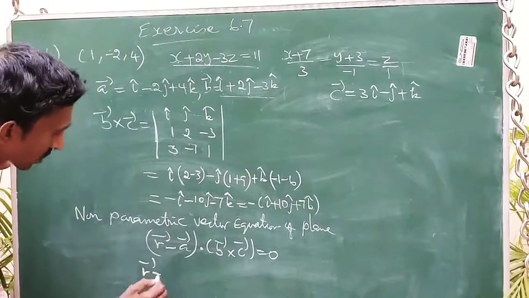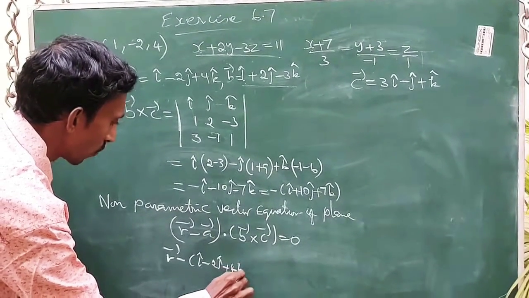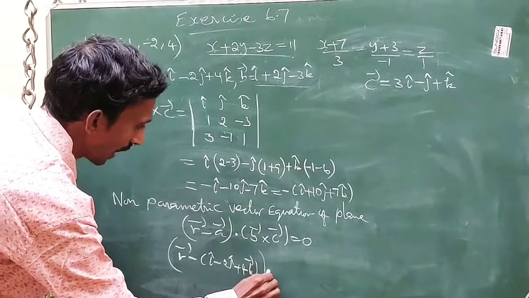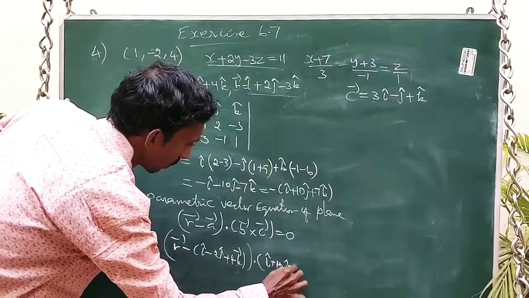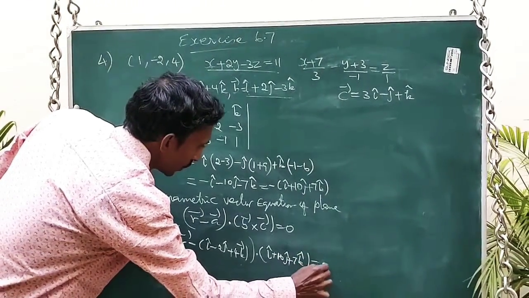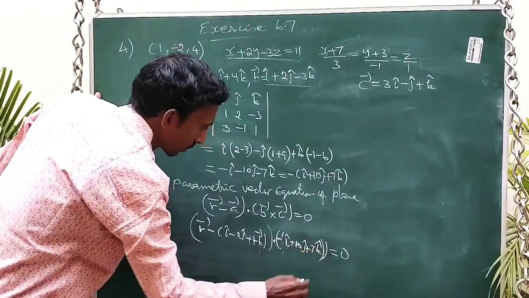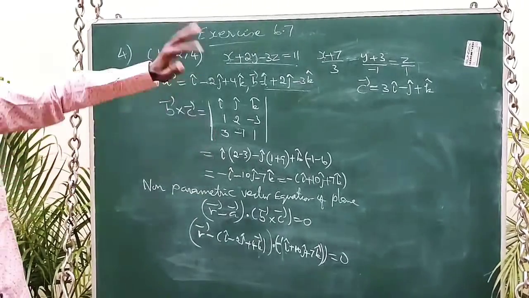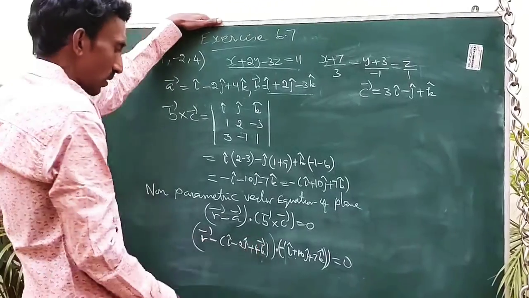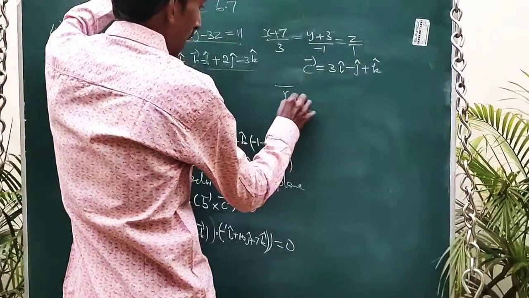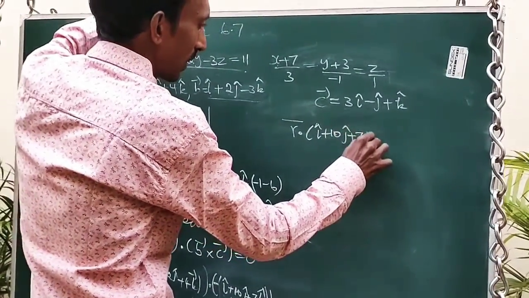So r minus, what is a vector? i minus 2j plus 4k. Okay, dot, just write that b cross c. So i cap plus 10j plus 7k. Right hand side 0, here minus is present. Okay, dot minus into this one. We can leave that minus. So as usual, we can divide it into 2: r dot this one, then r dot that. Okay, so r vector dot i plus 10j plus 7k.